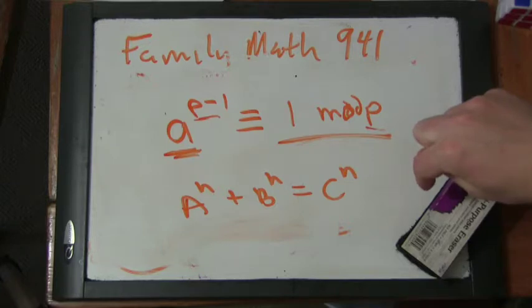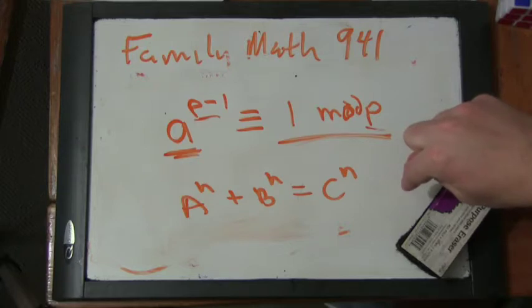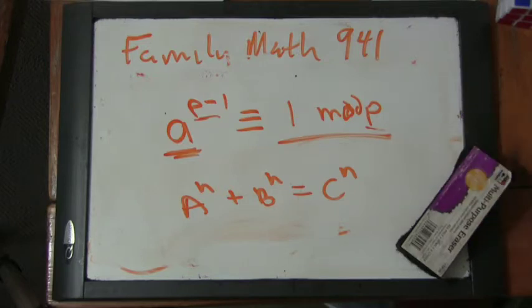And this was famously conjectured by Fermat, but it was only proved in 1994 by a mathematician at Princeton named Andrew Wiles, with a little help from a mathematician from the UK named Richard Taylor.